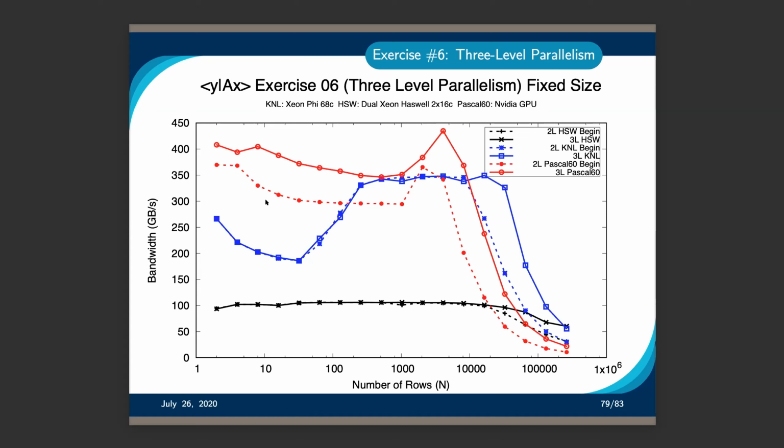If you compare just using team parallelism versus using team plus vector loops, what you see is that on the CPUs it doesn't really make too much difference, other than on KNL, in a certain regime. But if you are in that regime, it makes a big difference. Roughly halfway between 10,000 and 100,000, there's a 2x difference in performance between the 3-level version and the 2-level version.